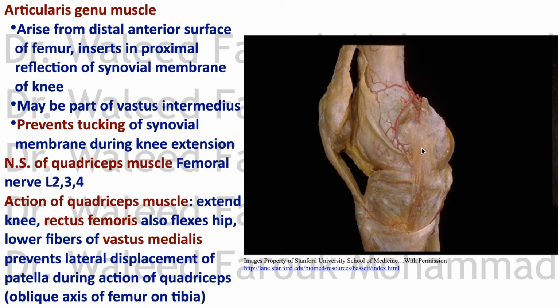Now, when you re-extend the knee, the synovial membrane, if it's kept down, it will be tucked between the patella and the femur, the articular surfaces. So the articularis genu, together with the extensors of the knee, pulls on the synovial membrane to protect it from getting torn between the patella and the femur.